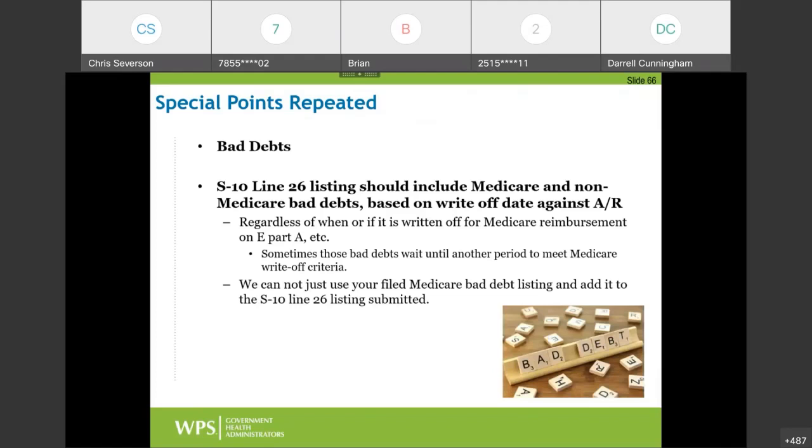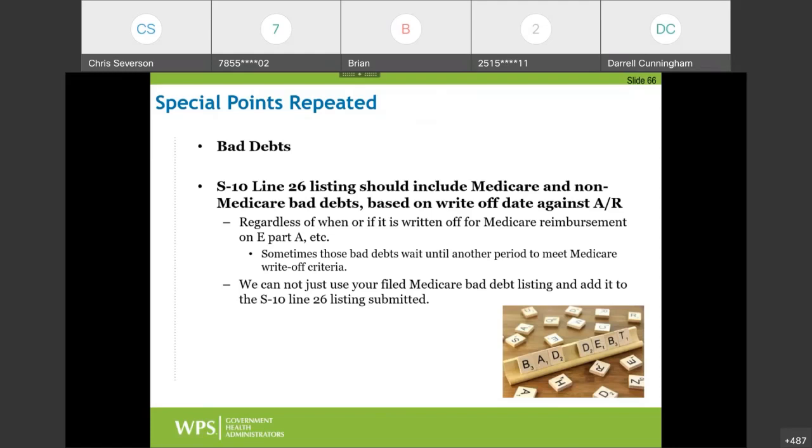Bad debts, I think I repeated this before as well. Two different things. First of all, some of those Medicare bad debts that are on line 26: line 26 has to be Medicare and non-Medicare. Don't just report non-Medicare and then expect us to take a Medicare bad debt listing that you filed and add it, because that Medicare bad debt listing may not actually be the amount of Medicare bad debts that need to go in line 26.